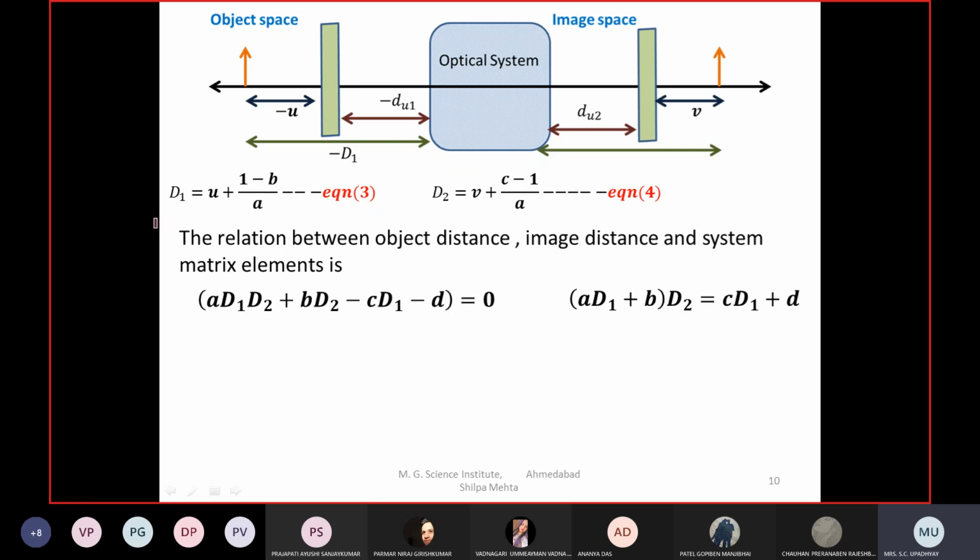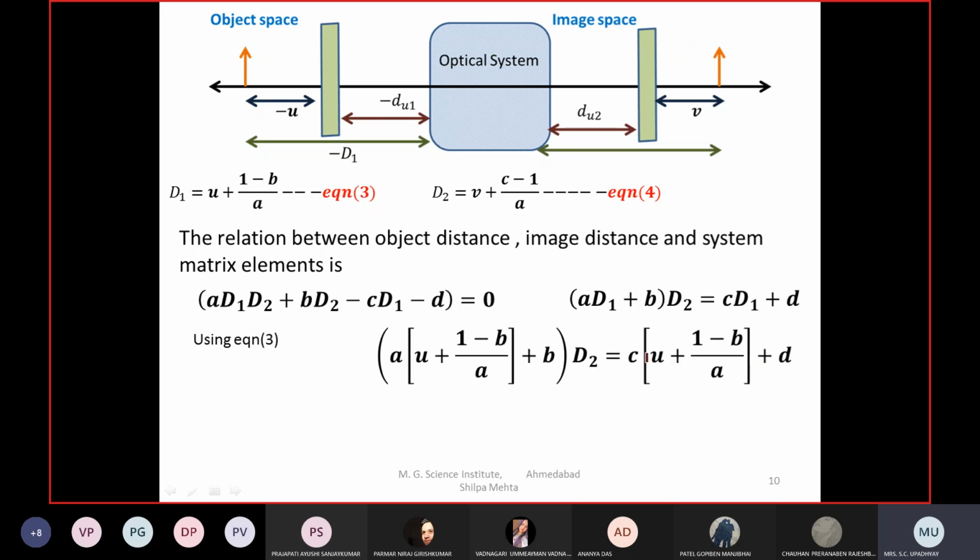We already know the values of d1 and d2. Using equation 3, we first substitute only d1 in this equation; d2 is not substituted yet. So wherever there is d1, we substitute u plus (1 minus b) upon a. So a into (u plus (1 minus b) upon a) plus b, d2 remains as it is, equal to c into (u plus (1 minus b) upon a) plus d.